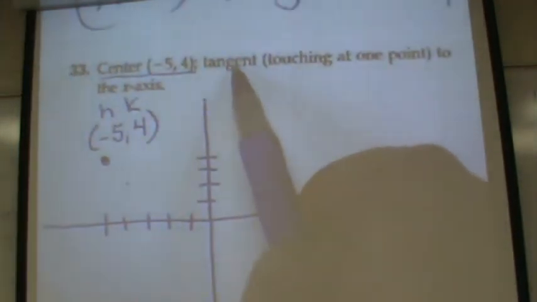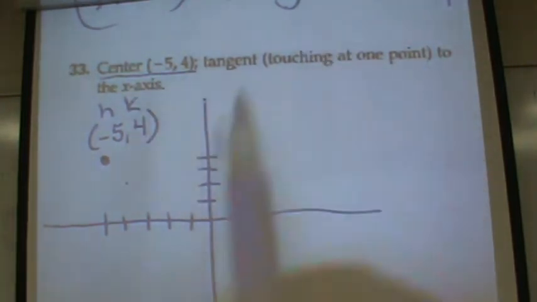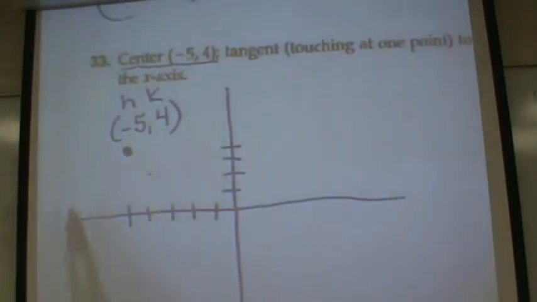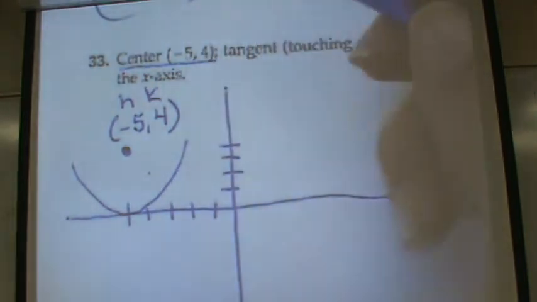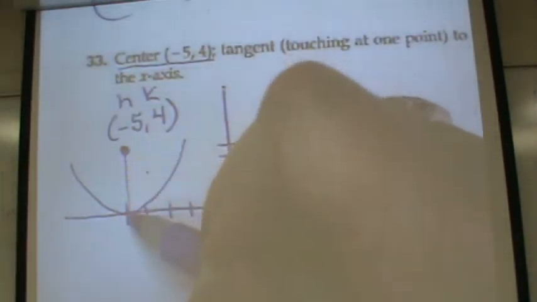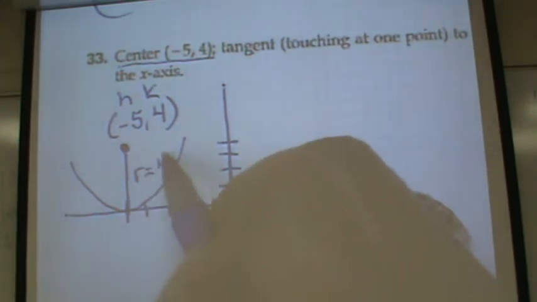And then it says tangent, which means touching at one point, to the x-axis. Well, where's the x-axis? Right here. So how can it touch at the x-axis? It means it's coming right here and touching. So it looks like this, touching the x-axis. So what's this right here, from here to here? It's your radius.